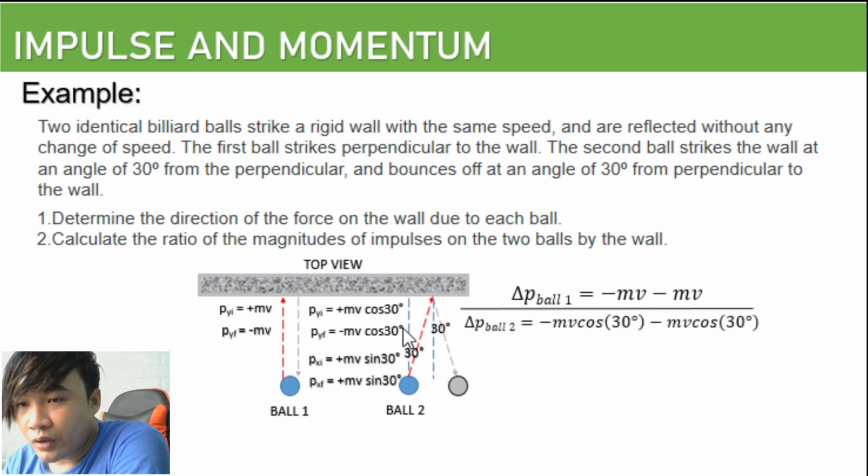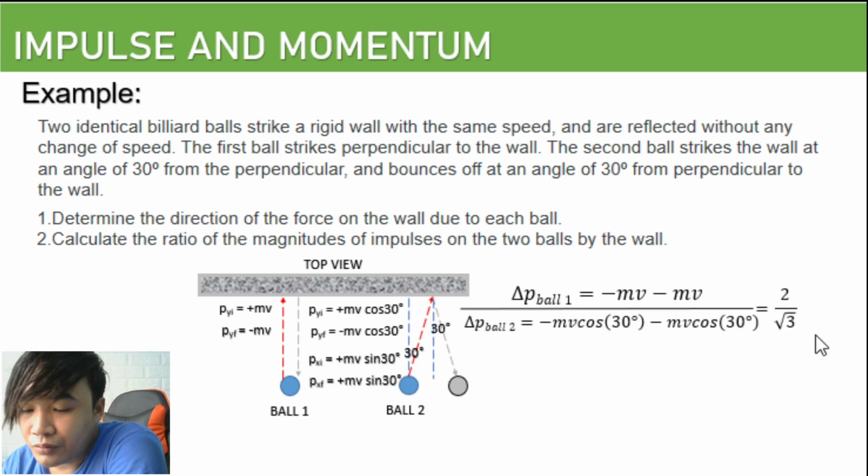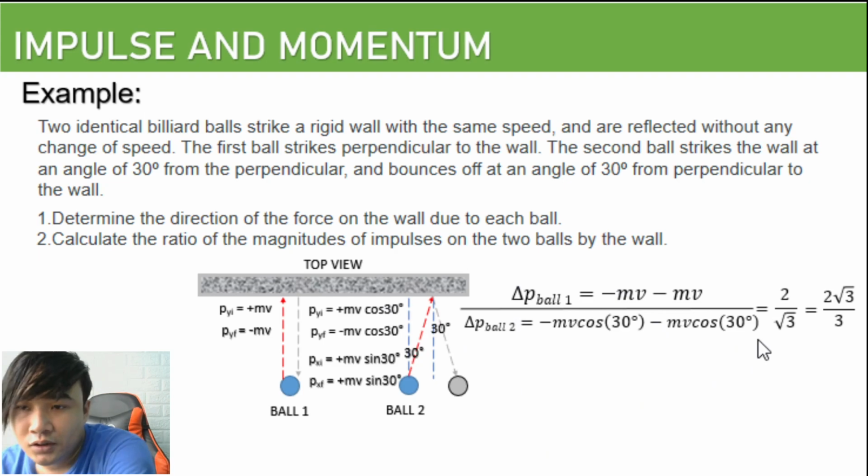So laging white kasi nga sa lang to by the wall lang ito. Then itong ball 2 naman, final is negative na mv cosine 30 minus yung initial. Sagot dito is 2 over square root of 3 or 2 square root of 3 over 3. So ito yung ratio ng dalawang ball.